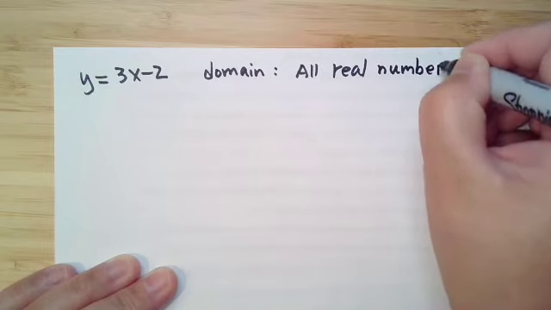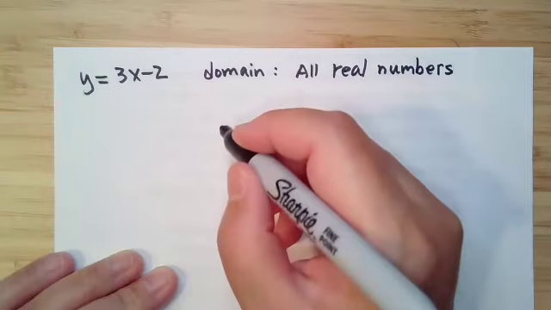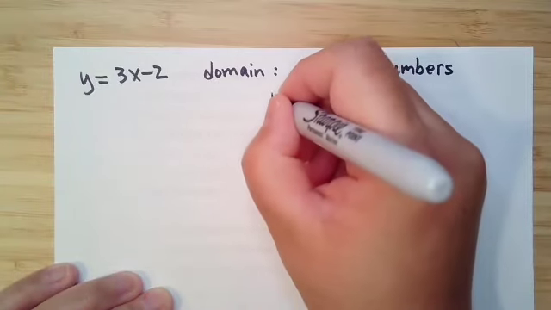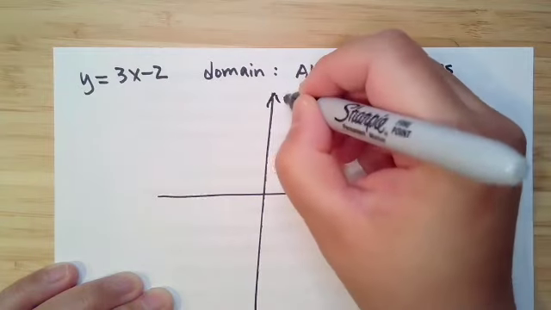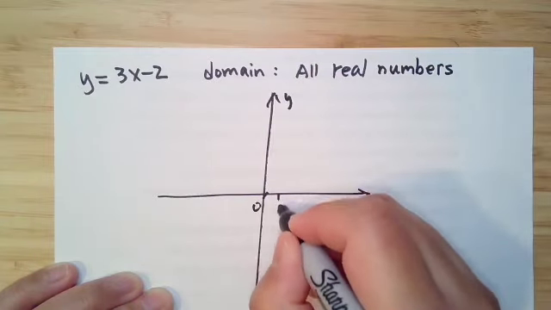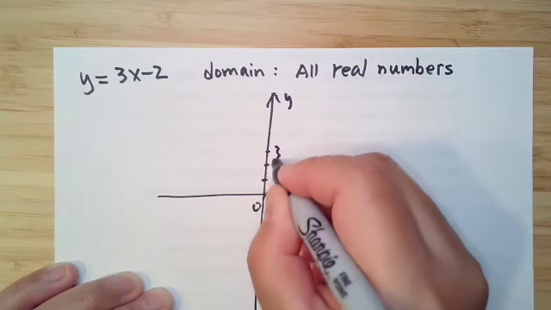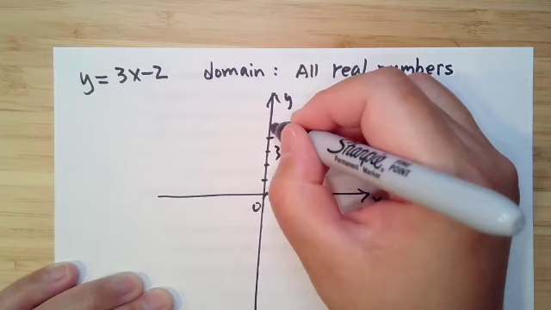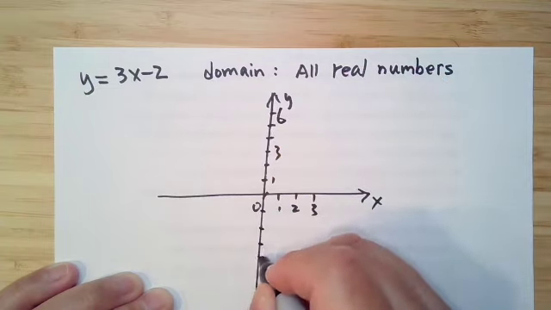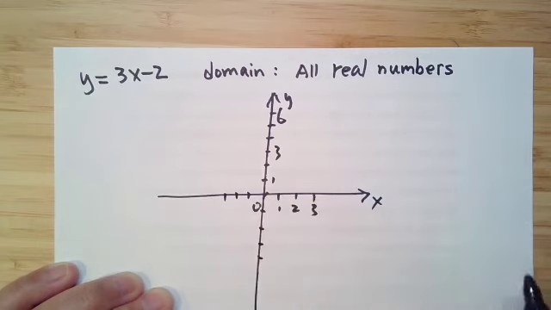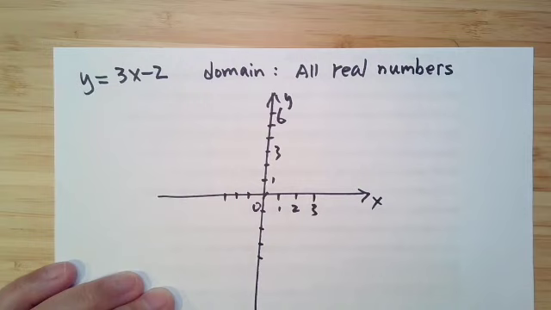That means x can be any real number. If that's the case and I ask you to draw the line, I don't need to write that many points.